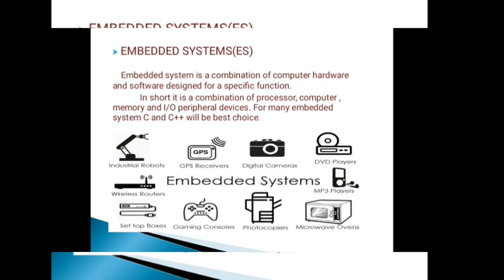The meaning of this is that embedded system programming is similar to C and C++ languages, and it is the combination of hardware and software for performing a specific function. Examples of embedded systems are industrial robots, GPS receivers, digital cameras, DVD players, wireless routers, set-top boxes, photocopiers, and microwave ovens.